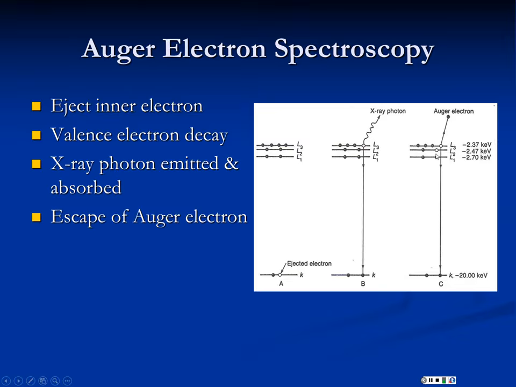Instead, it's absorbed by another valence electron, which is kicked out. Now it's too much energy to remain. It doesn't just move up a layer, it leaves, and it leaves with the energy of that X-ray photon. Not much energy, in other words. These are called Auger electrons. Although it's spelled Auger, it's pronounced Auger.